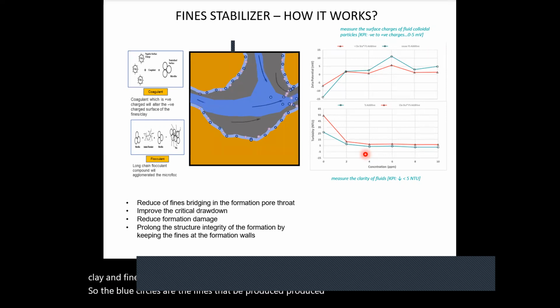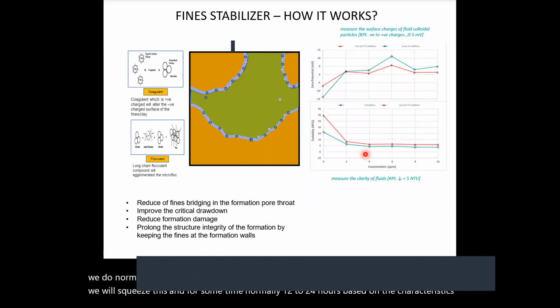So what we do is inject the fine stabilizer in the second stage. We inject, and then we squeeze this, and leave it for some time, normally 12 to 24 hours, based on the characteristics of the fluid and the formation.